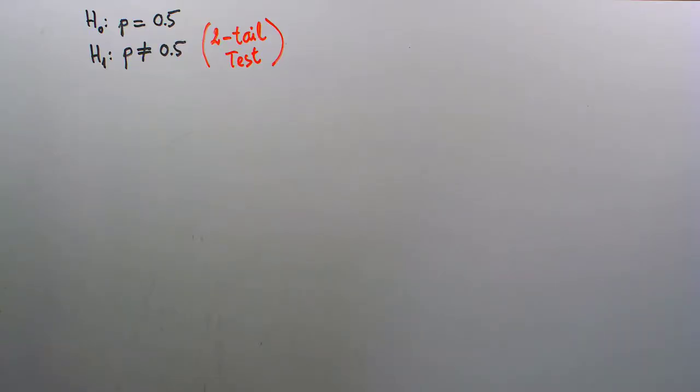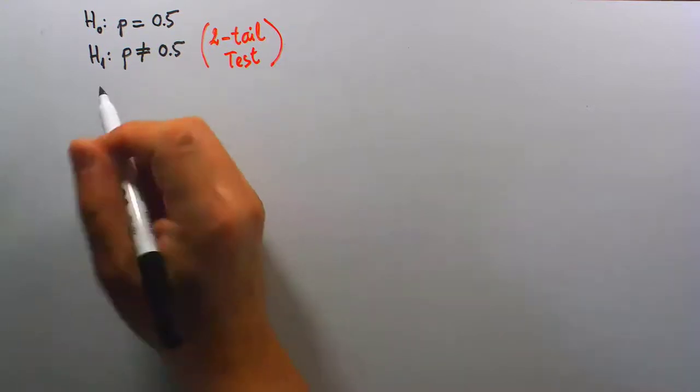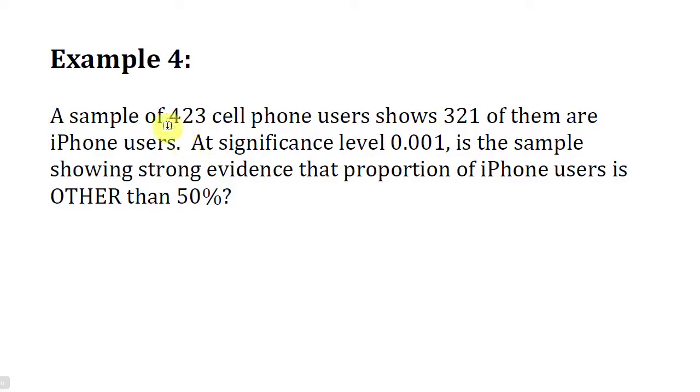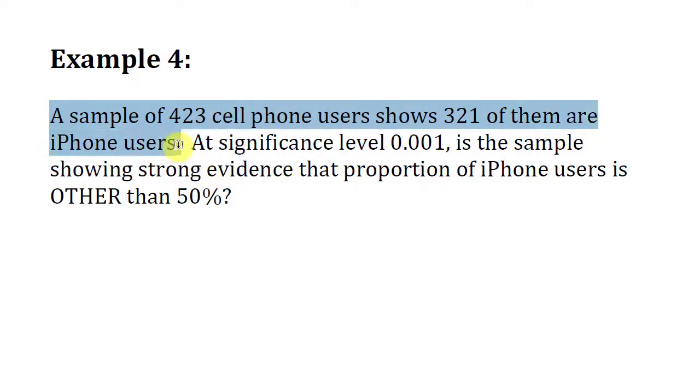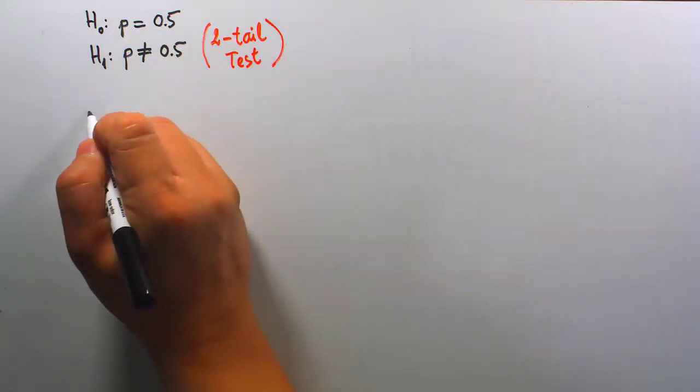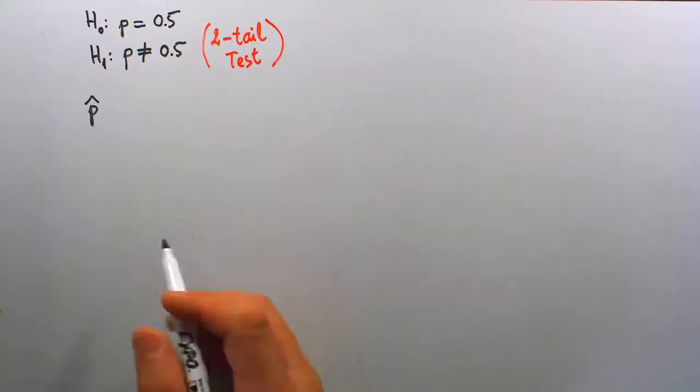And so now, getting into the steps, again we need to look at the sample. So back in the reading of our problem itself, a sample of 423 cell phone users shows 321 of them are iPhone users. So right immediately at the end of that first sentence, we understand that we have a given sample proportion.